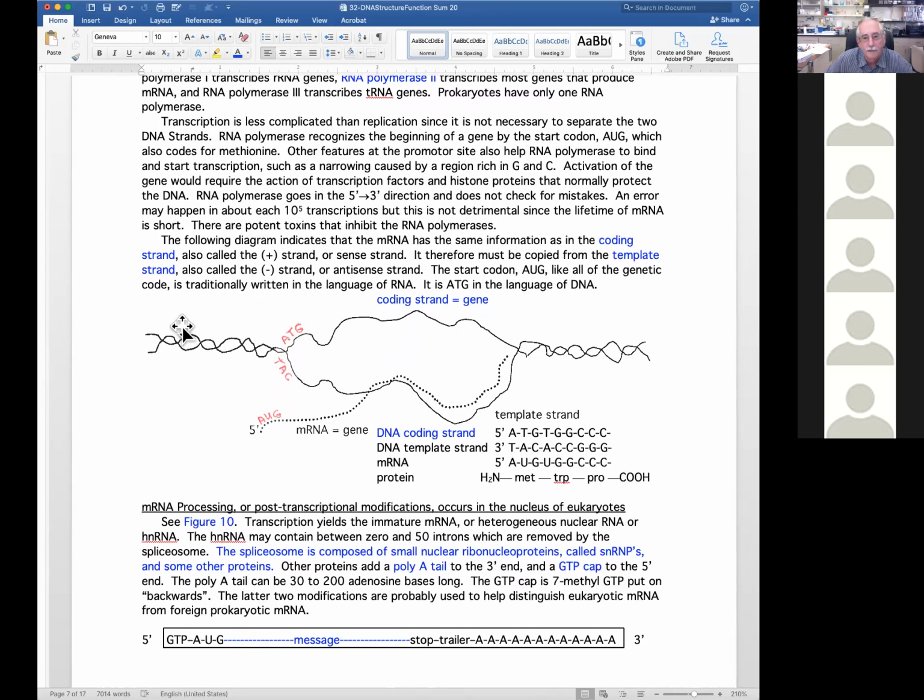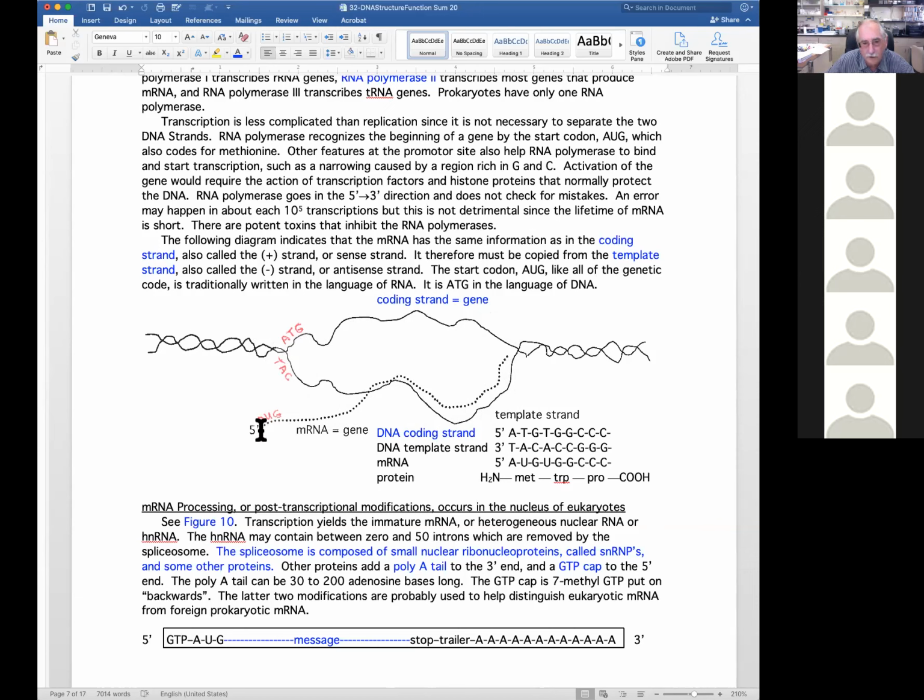So anyway, here's the coding strand. The coding strand is the gene. And then here's the template strand over here. So that's part of the DNA. Notice I put ATG, and across from it would be TAC. So RNA polymerase goes in the 5' to 3' direction.